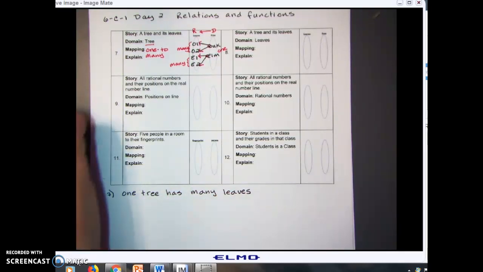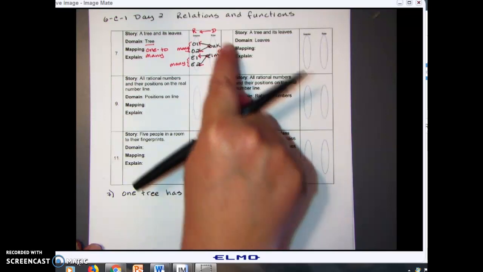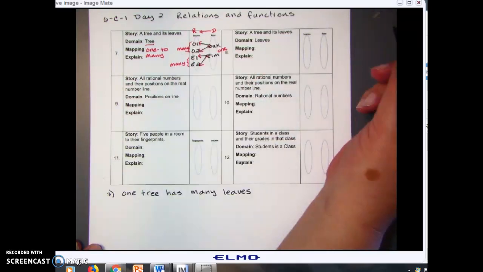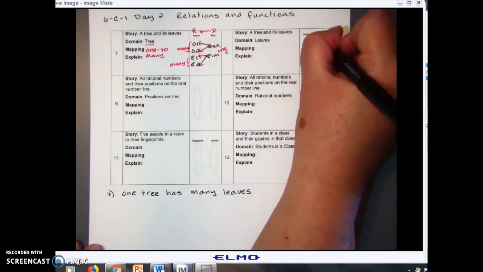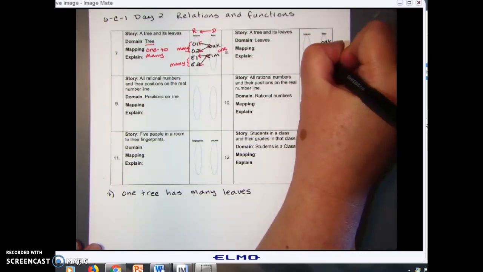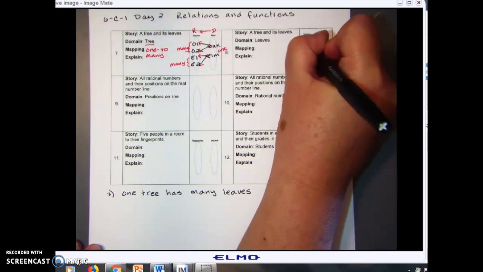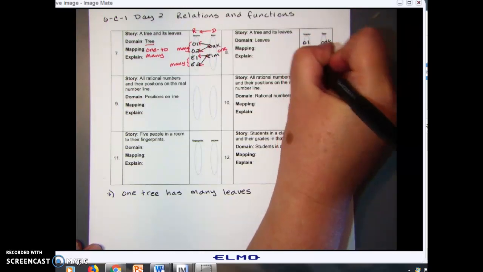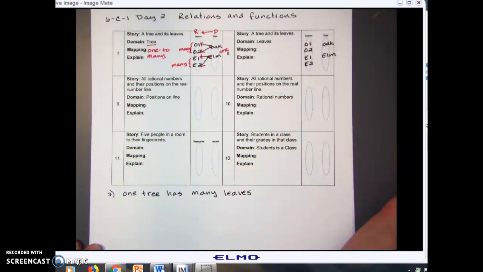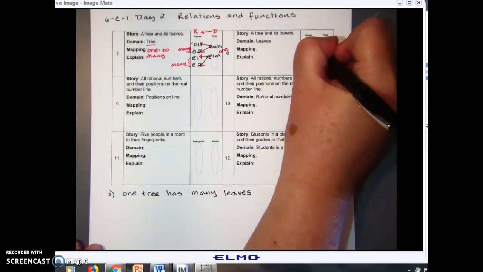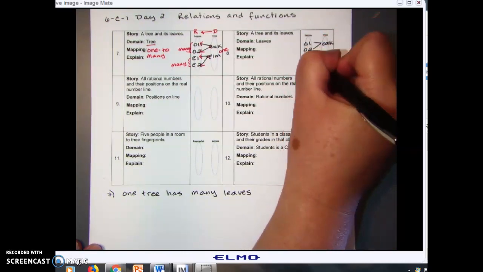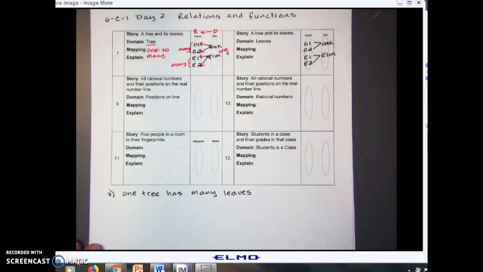Okay. So then the mapping itself doesn't change a whole lot when we go to question number 8. So I still have an oak tree, I still have an elm tree, I still have oak leaf 1 and oak leaf 2, and I still have elm leaf 1 and elm leaf 2. And then these leaves still come from the oak tree, these leaves still come from the elm tree.